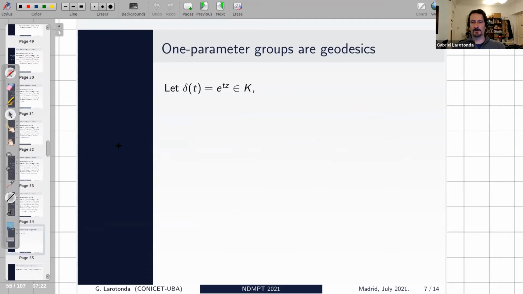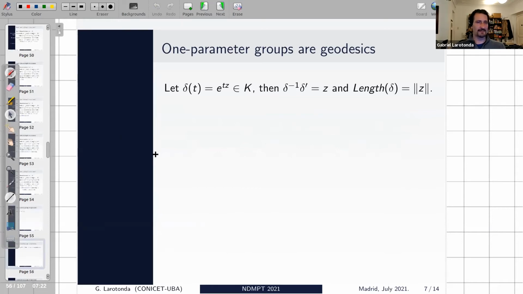And the first question is, well, can you say something about geodesics? Well, yes, of course. As I mentioned before, there is some kind of classical result for the unitary group and then adapted to other compact Lie groups, which is if you take this one parameter group, it has, of course, constant speed. Its length is the norm of the exponent.